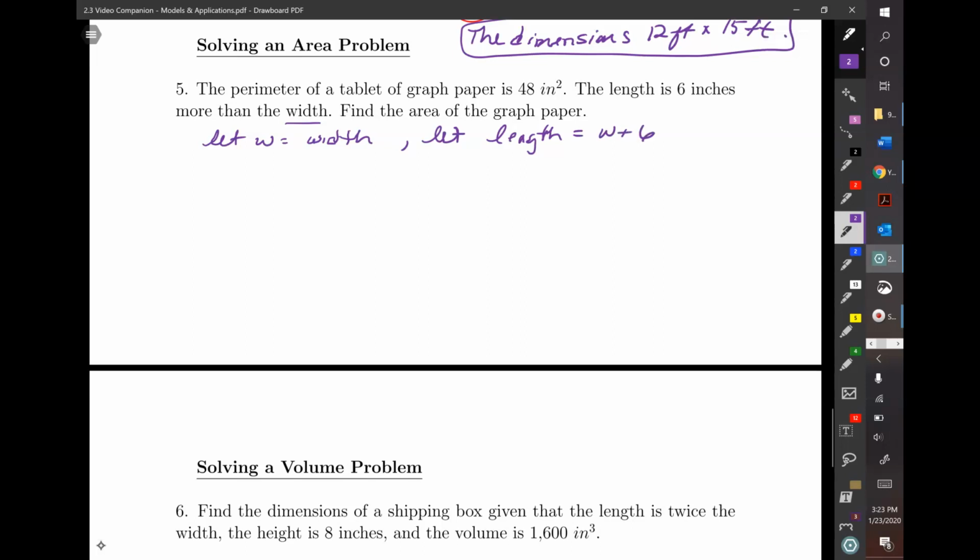And I will use the area formula A equals LW. Remember, I need units squared in the end in my final answer.